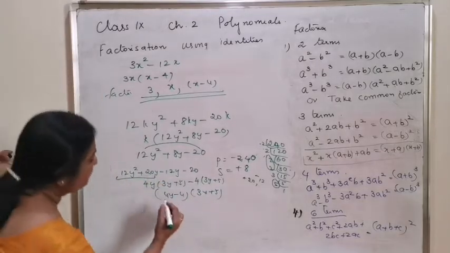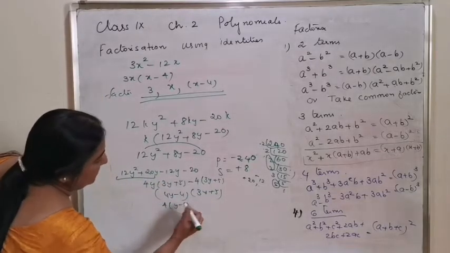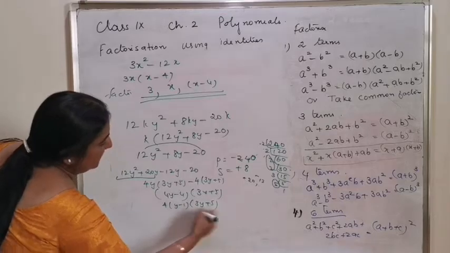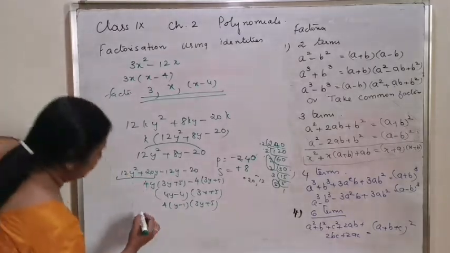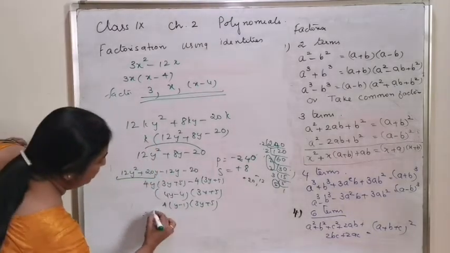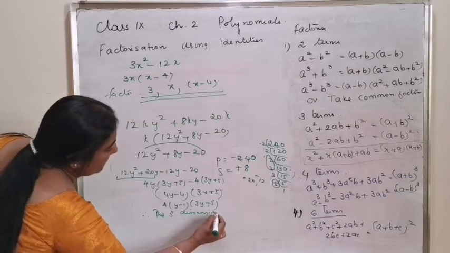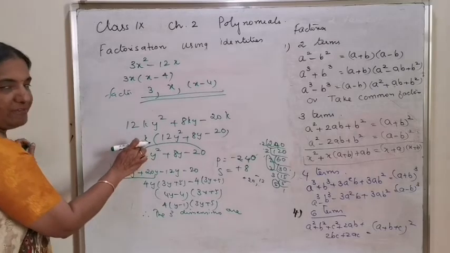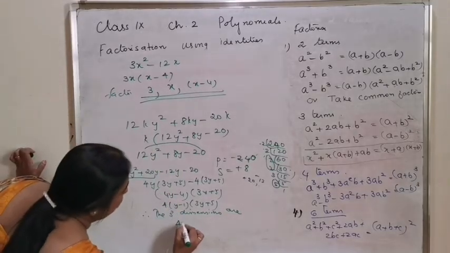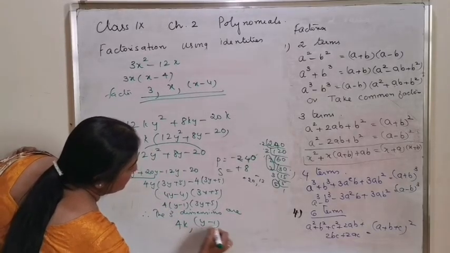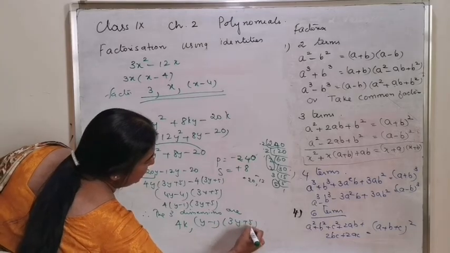So again 4 can be taken as a common factor here. Thus the 3 dimensions are the k which is already taken here, that is 4k, y minus 1 and 3y plus 5.